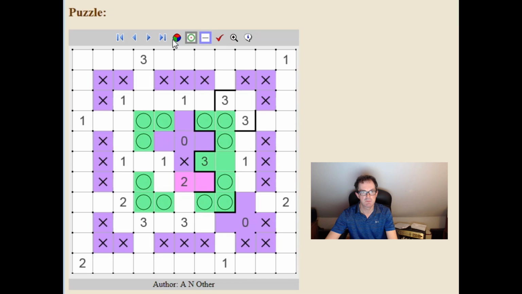Both of these squares must be purple, this one and this one. This square is divided from this purple square by a line, therefore this square must be green, like that. And I'll just complete the loop again, which for some reason gets deleted. Can then draw in this line.